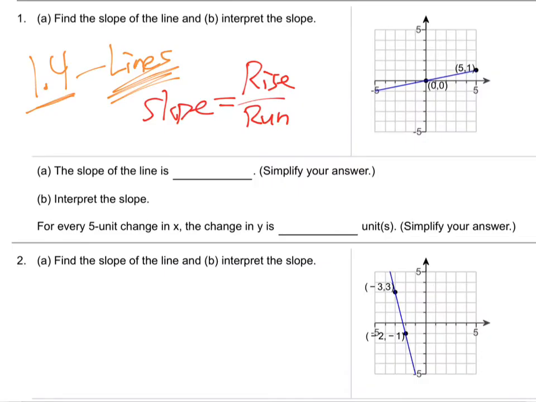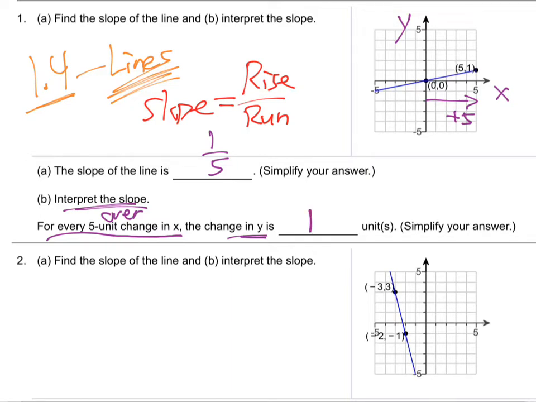So the slope is 1/5, rise over run. And then it says, interpret the slope. For every 5 change in x, that's sideways, over 5 on the x. Remember, that's the x, and the up and down is the y. So for every over 5, the change in y is what? 1.